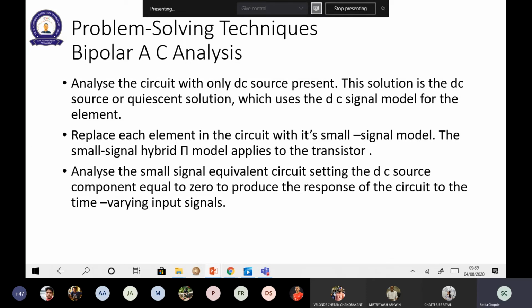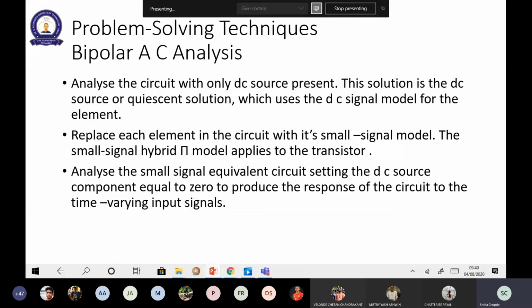So analyze the circuit with only the DC source. The DC or quiescent solution will be approached, which uses the DC signal model for the element. Then replace each element in the circuit with a small signal model, or a small signal hybrid pi model, to analyze the transistor.